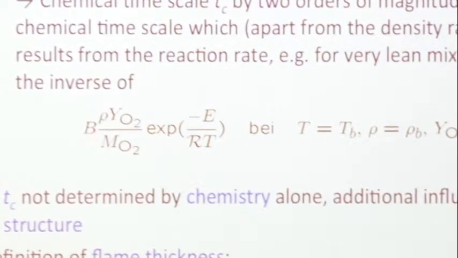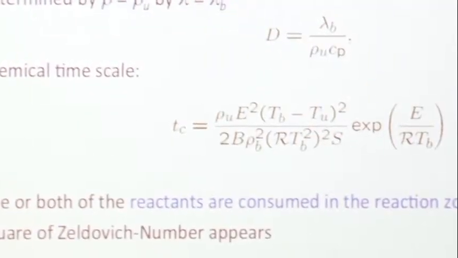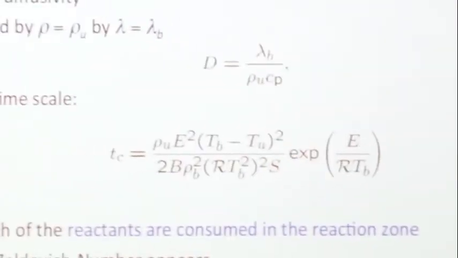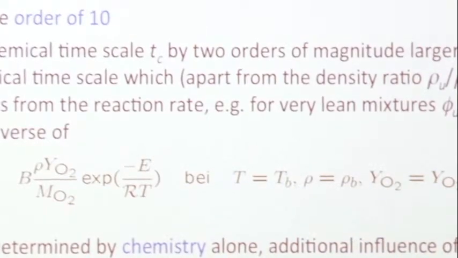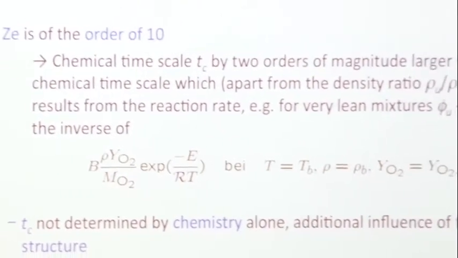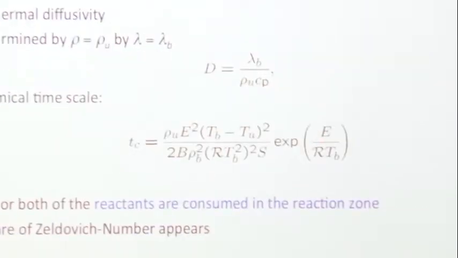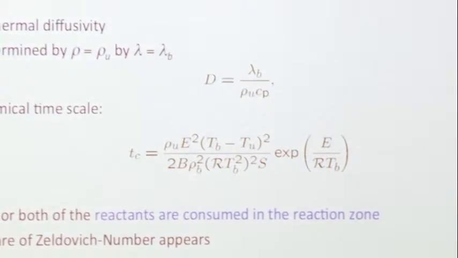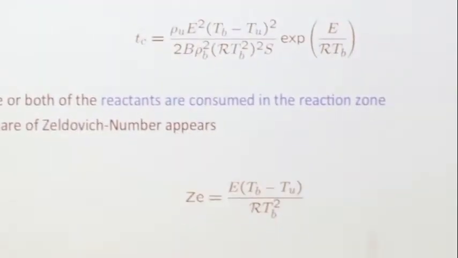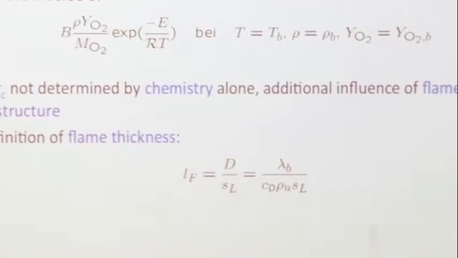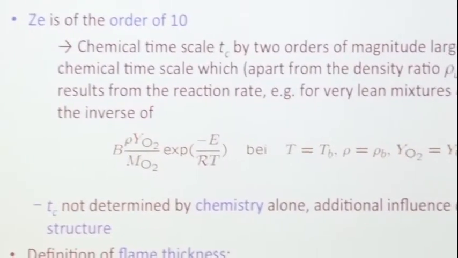but you see, this is very similar to what we just had, because the source term has all these mass fractions, and then you get this exponential term, which we have here also, except that this one has the square of the Zeldovich number. But the Zeldovich number is on the order of 10.